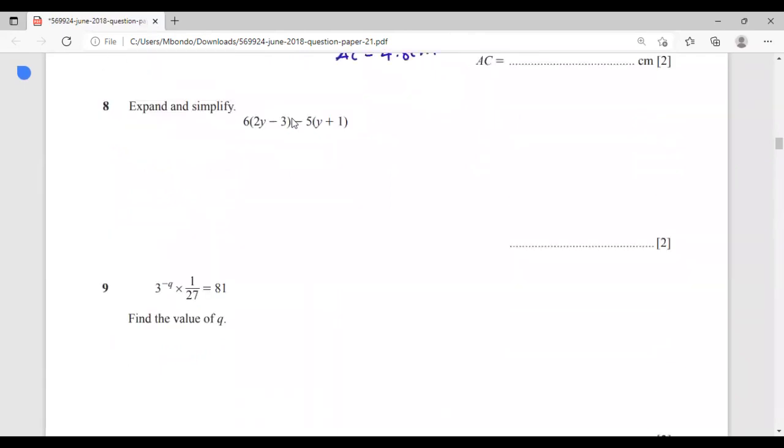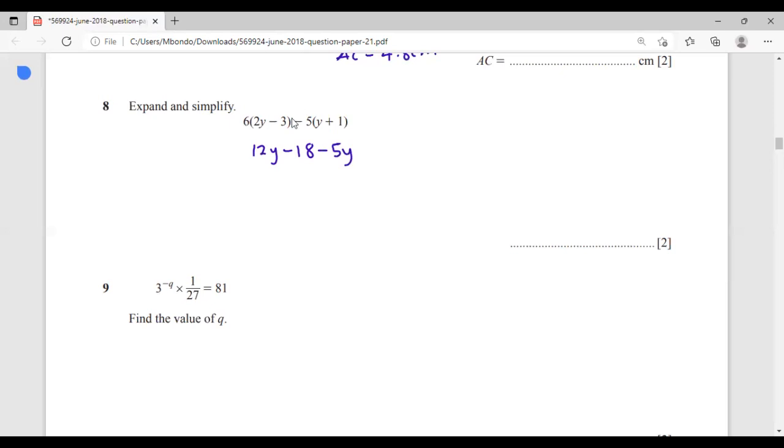Okay, so here we have expand and simplify. This is going to give us 6 by 2y, we're going to get 12y, minus 6 by 3, we're going to get 18. We do the same thing here. This will be minus 5y, minus, this minus is going to change the sign that is inside the brackets here.